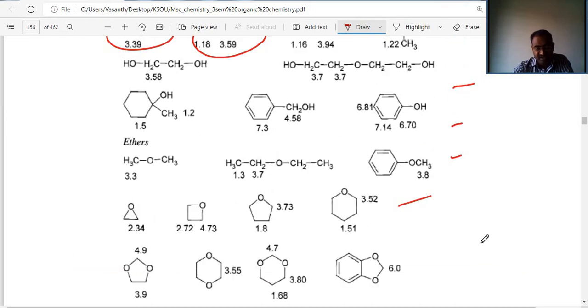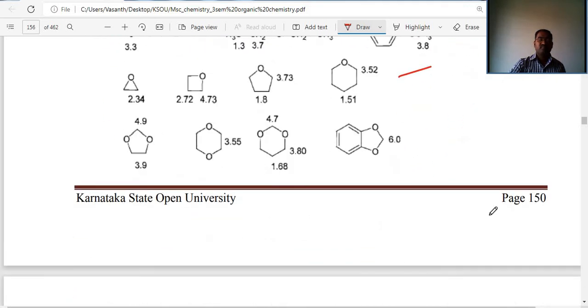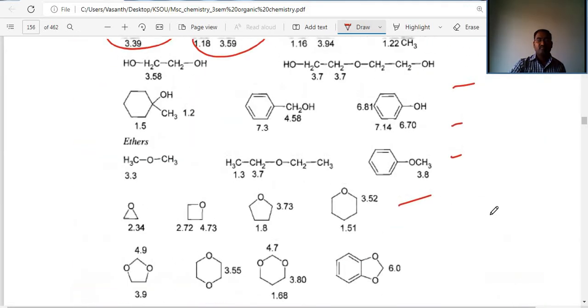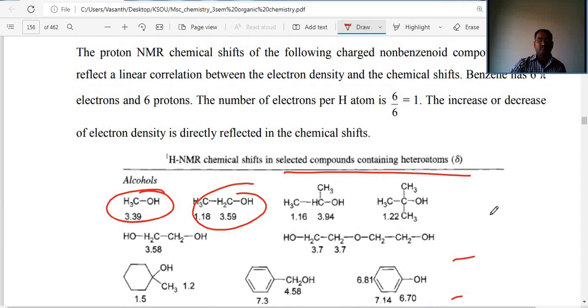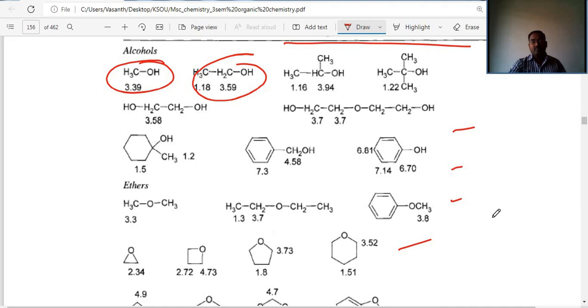We are going to use these representations and follow some rules to determine the NMR value. These are some examples.